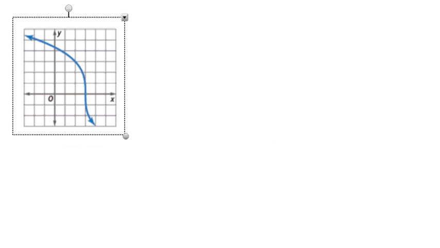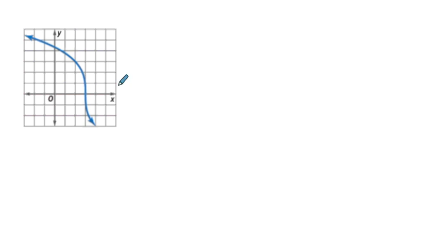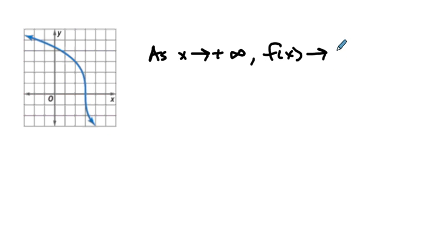Let's get rid of this thing right here. Same deal. As x approaches positive infinity, let's see what f of x approaches. As this thing goes this way, it's going down, and so it's approaching negative infinity again.